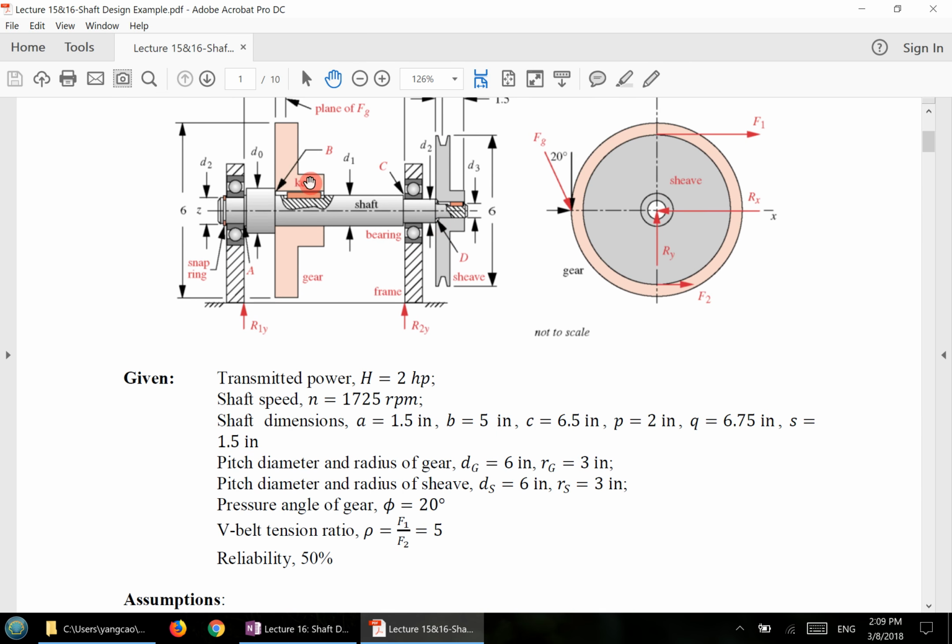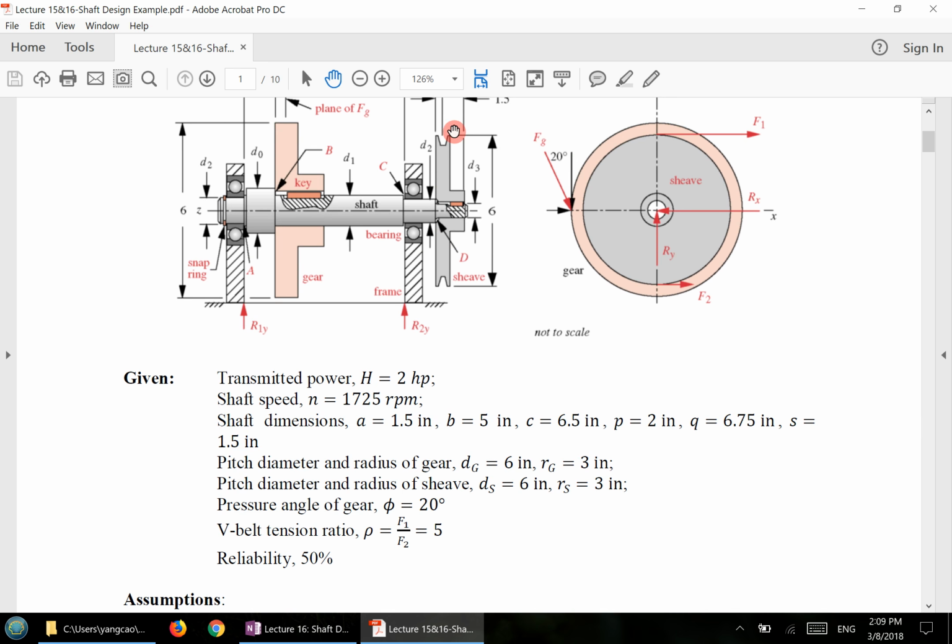There is a gear over here, and there is a sheave over here. The gear has a pitch diameter, which is also given. The sheave's pitch diameter and radius are also given. There's a pressure angle for the gear. The sheave has a V-belt tension.